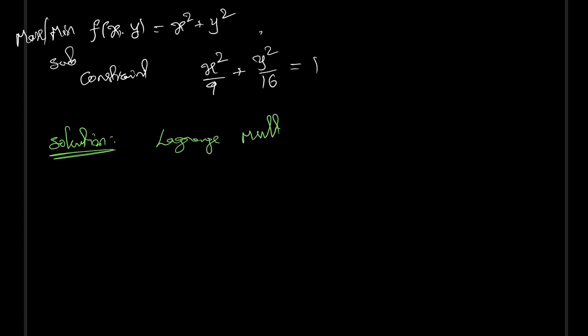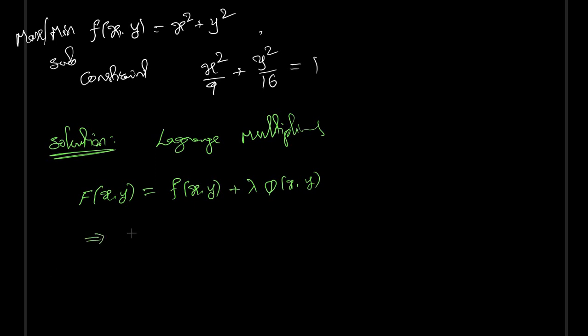I need to construct a new function, capital F of x comma y, equal to small f of x comma y plus lambda into phi of x comma y.